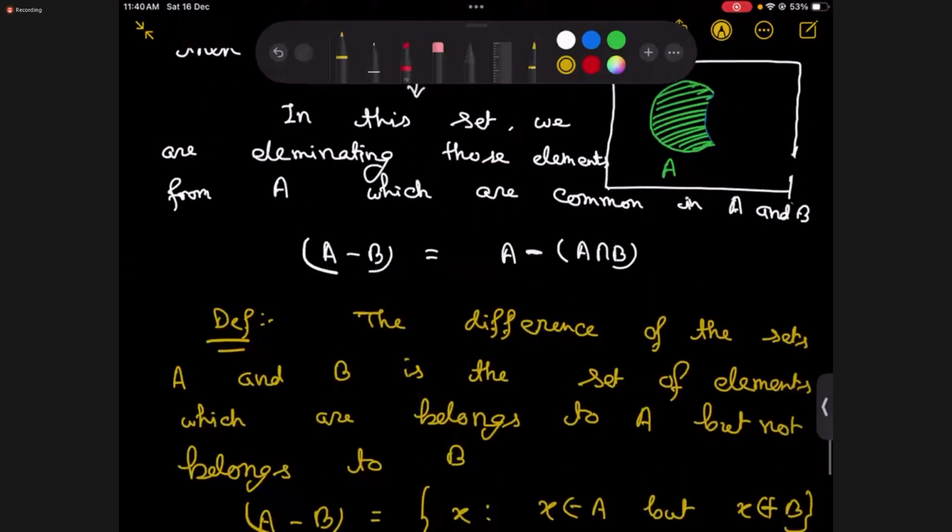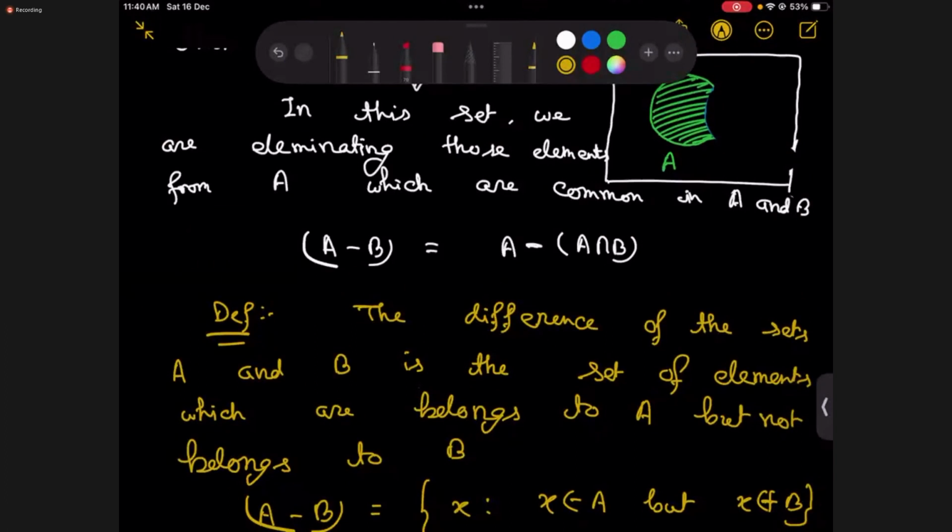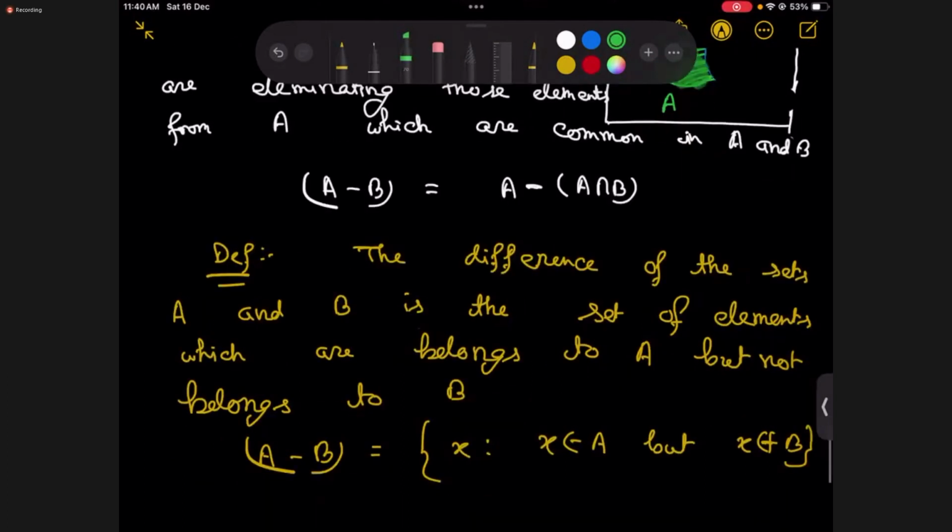We have eliminated those elements which are in both A and B. So we are only including those elements which are only in A, not in B.